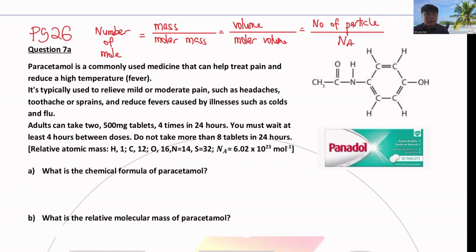Okay, over Avogadro constant. For the first, mass is in gram; volume is in dm cube or cm cube. The third one is the atom, molecule, or ions. So please write down one.